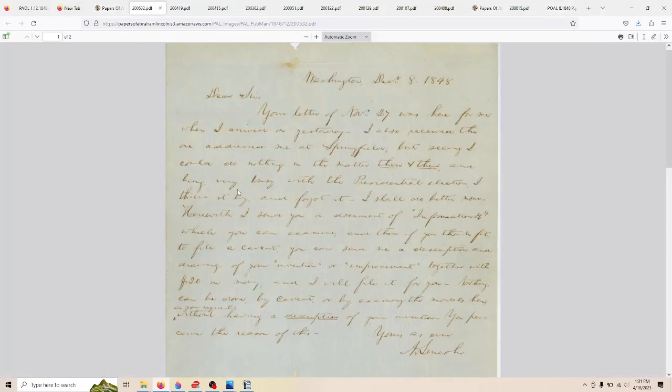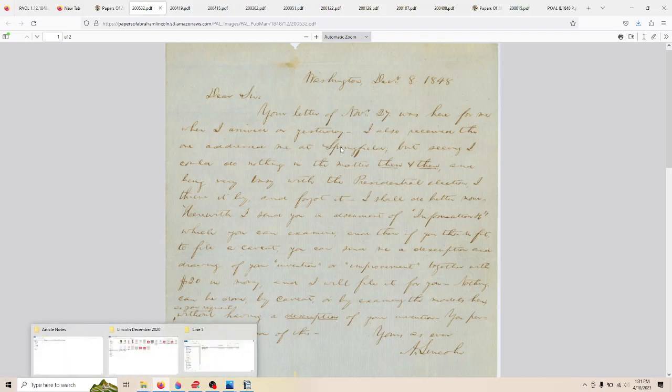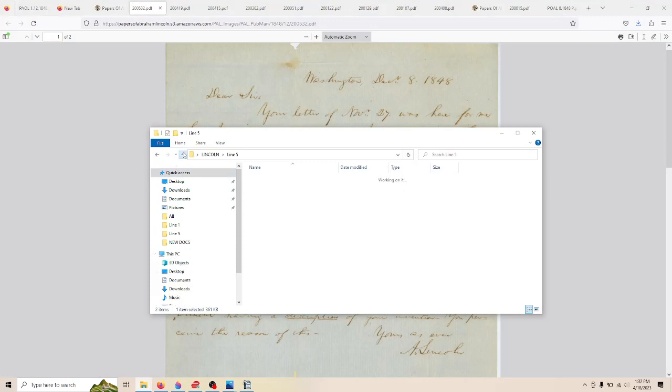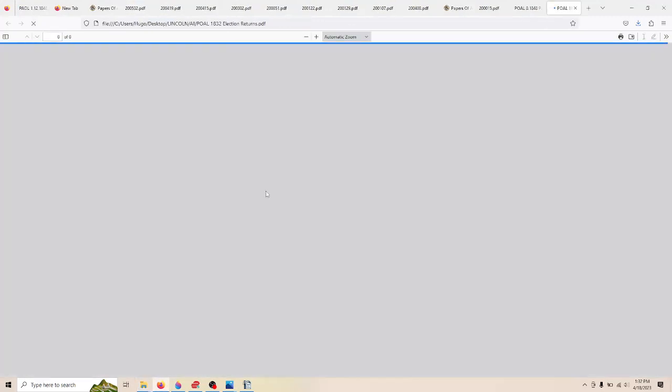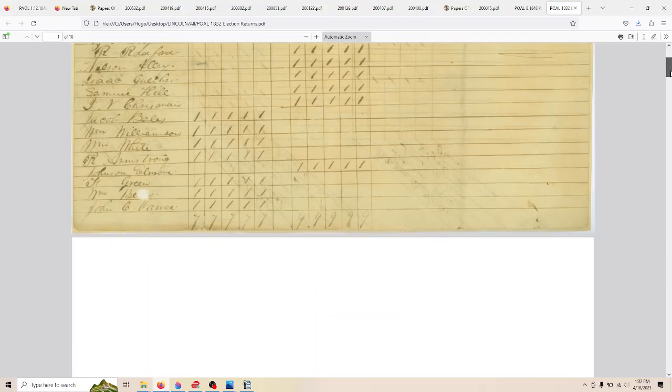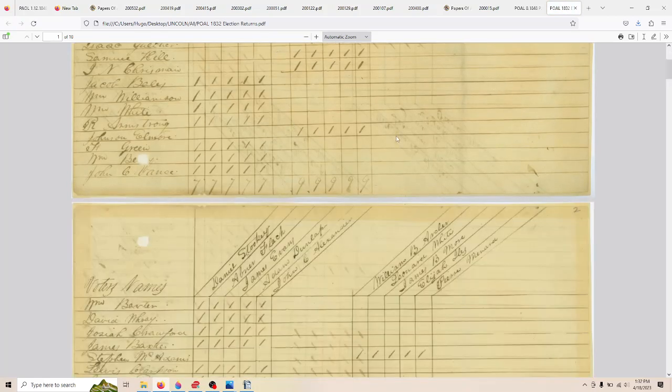So if we go back in time a little bit to 1832, okay, we're looking at the word president. We go to his election returns page. Again, this is by Papers of Abraham Lincoln. This is validated that all this is written by Abraham Lincoln.